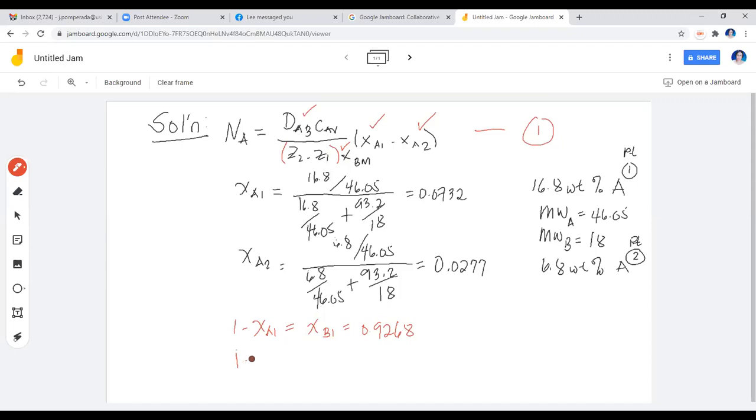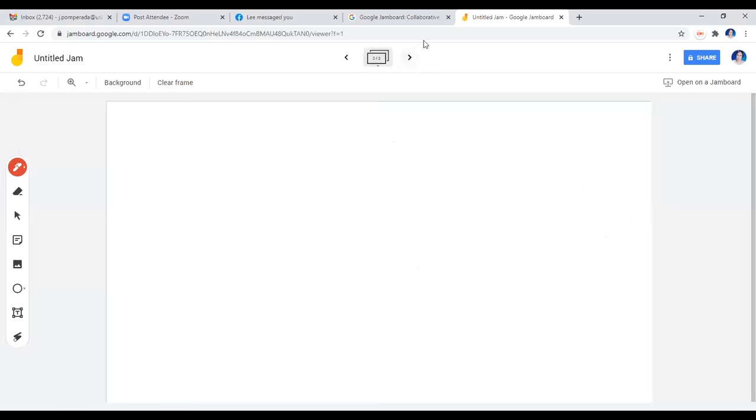Now 1 minus XA2 will be your XB2, and that would be 0.9723. So now if I know XB1 and XB2, I can determine my XBm. So we will determine our XBm.